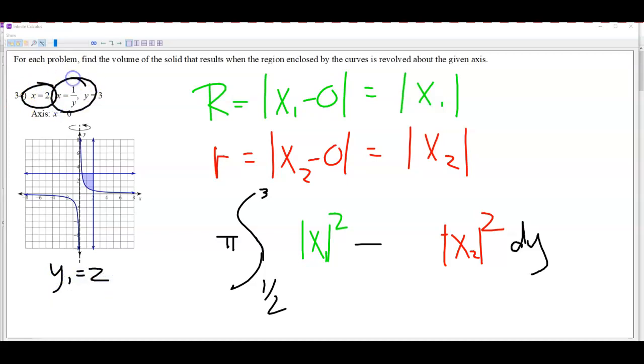And you're going to type this in like it's y2 equals 1 over x, right? Because anything that's a y becomes an x, and an x becomes a y, because our calculator only does things in terms of x, right? And then for your integral, instead of having here x1, you're going to have y1, and here instead of x2, you're going to have y2, and over here instead of dy, you're going to have dx. That's the only difference on the calculator.